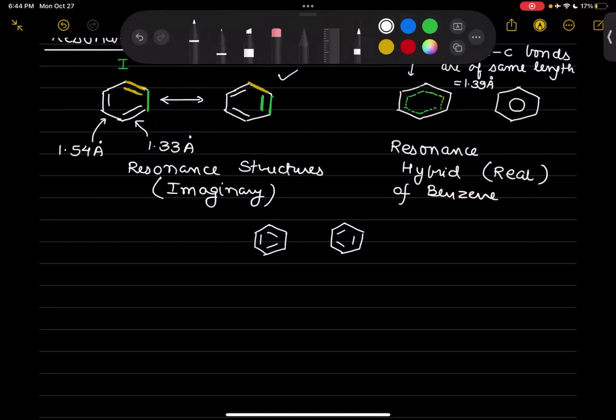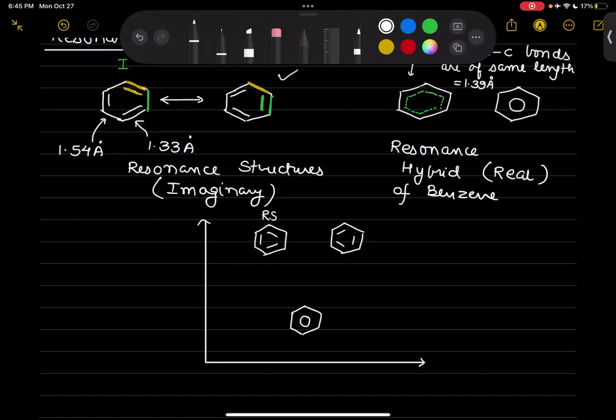Though both were the same, the molecule adopted some other structure which was more stable than each one of them. So a hybrid is more stable than the canonical structures or the resonance structures.